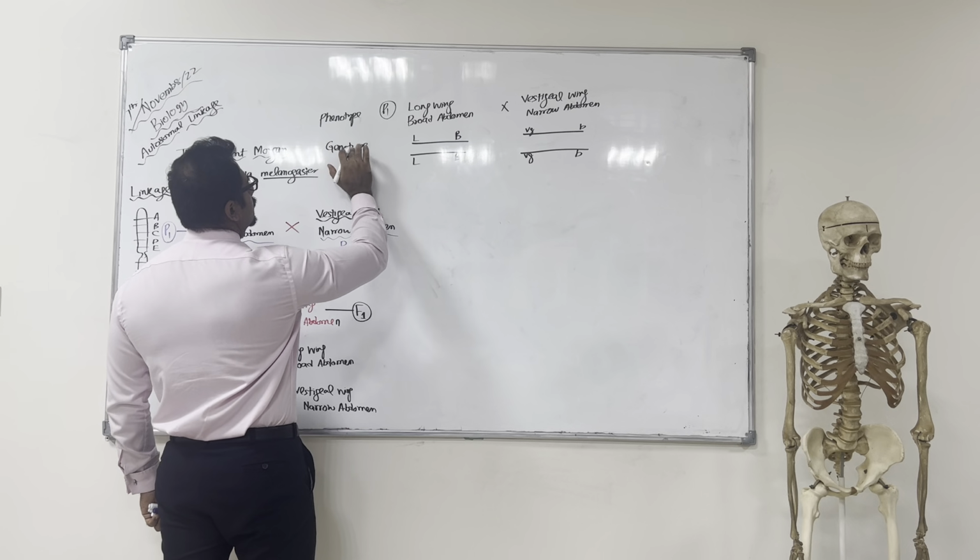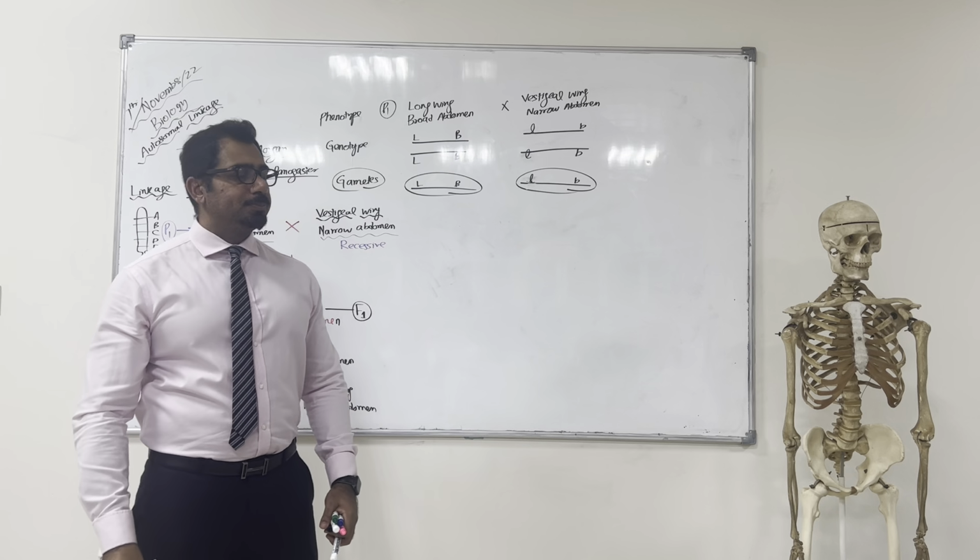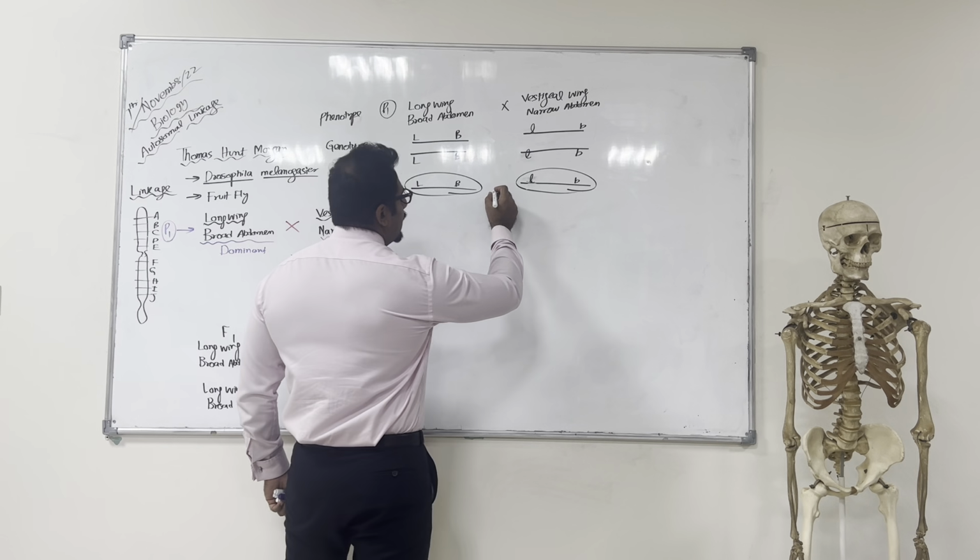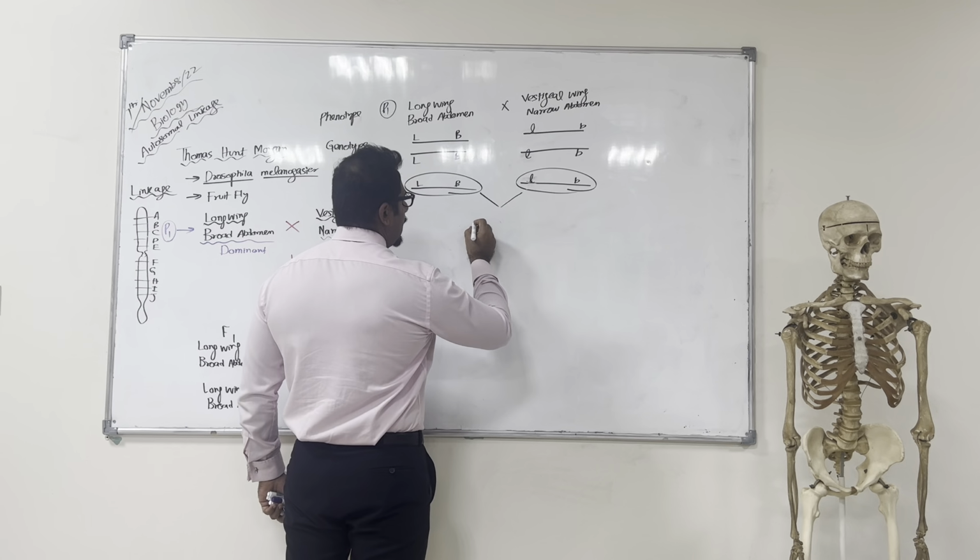Let's use small l, don't be confused. Actually, at that time, the scientists used VG. I was following that old procedure. Now, what will happen? They both will join together, and the new organism that will be formed will be capital L, capital B, small l, small b, and its phenotype will be what?